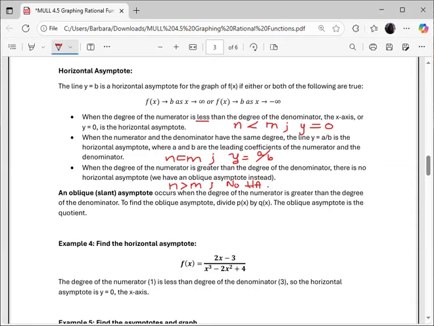In that case, you're going to divide the polynomial in the numerator by the polynomial in the denominator to get the quotient. And the quotient will be your oblique asymptote, and it'll be a slant asymptote.